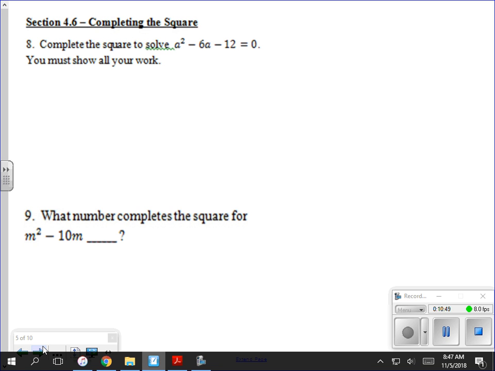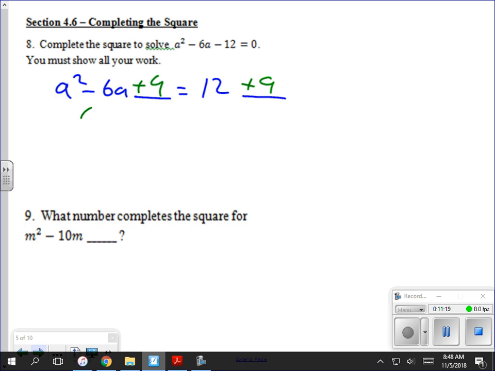So completing the square. a squared minus 6a blank equals 12 blank. First thing, add 12 to both sides, rewrite it with a blank. Next step, fill in the blank. Take half of whatever b is. In this case, half of negative 6 is negative 3. Negative 3 squared, I get 9. I add 9 to both sides.